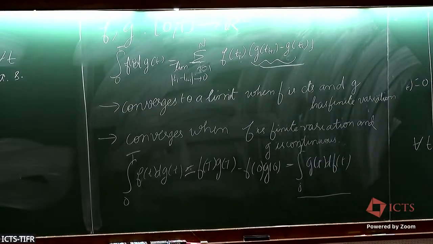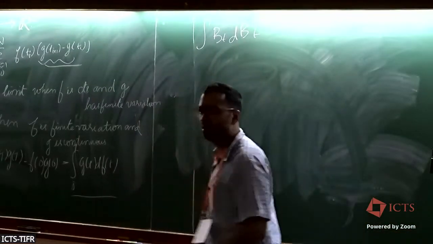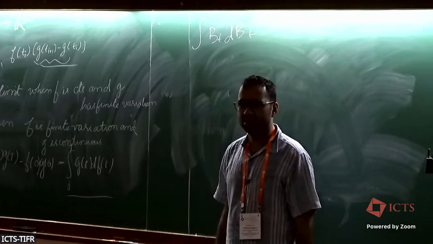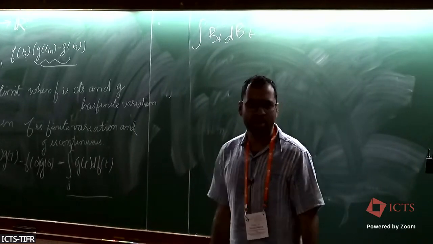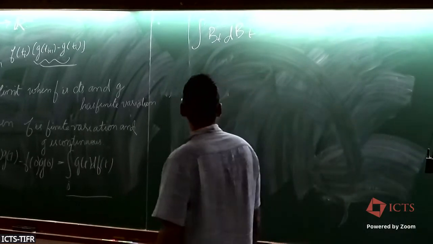With Brownian motion, let's say we just want to integrate something like the integral of B_t times dB_t. We know B_t is continuous, because that's one of the axioms. By construction, it is continuous, by the existence theorem.